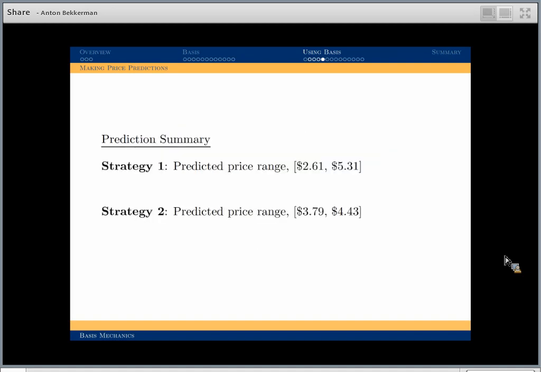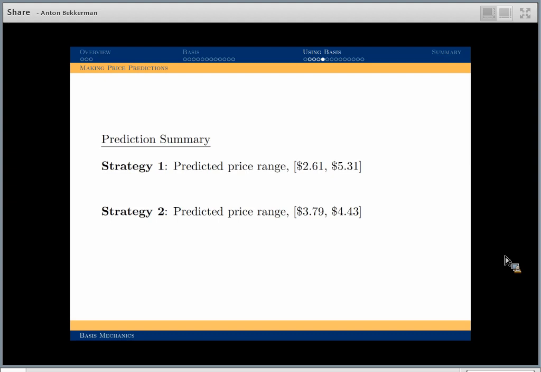Okay, so let's start with why is basis a more stable predictor of prices? Well, number one, it's a forward-looking structure. Unlike using just past information about prices, so in strategy 1, it was saying, well, let's look at the last 3 years of prices, let's take that average, and that's a very backward-looking process, right? You're only looking in history. With basis, you're using futures prices, which is a way that the market is trying to predict what commodity prices are going to be in the future, right?